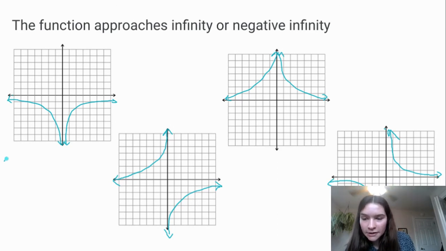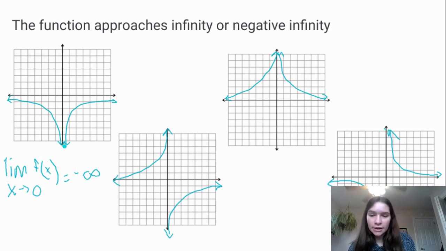However, if you want to be specific, you can still say that the limit as x approaches 0 in this case equals -infinity. However, you have to know that the limit does not exist here because there is no definite value.